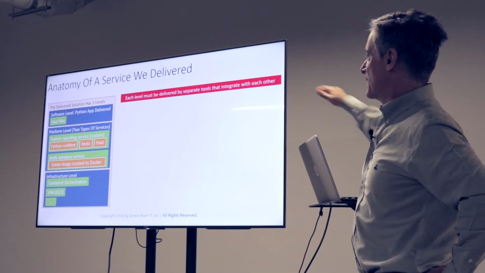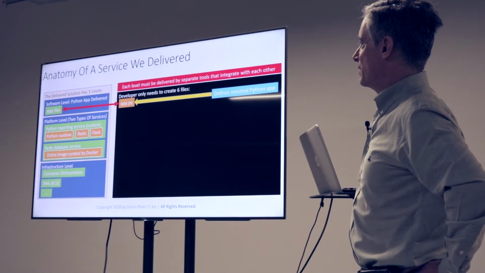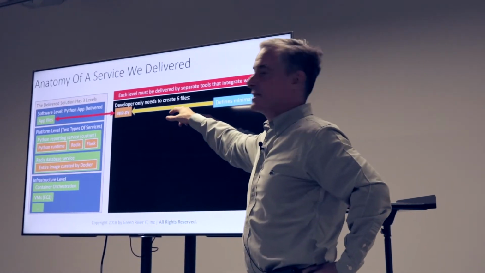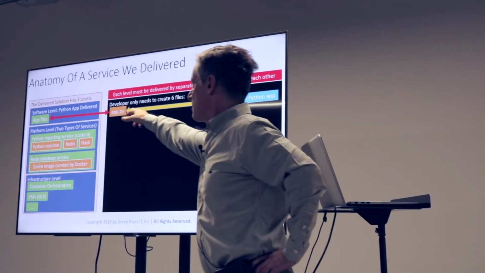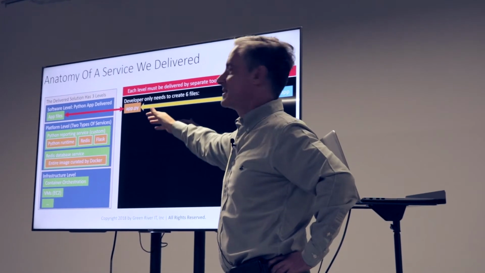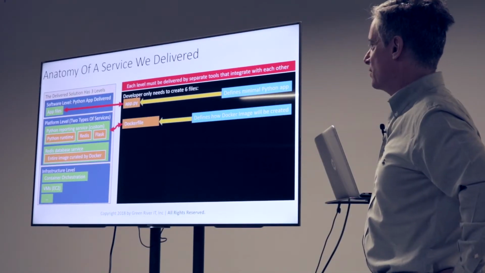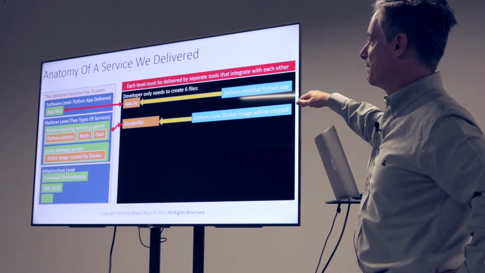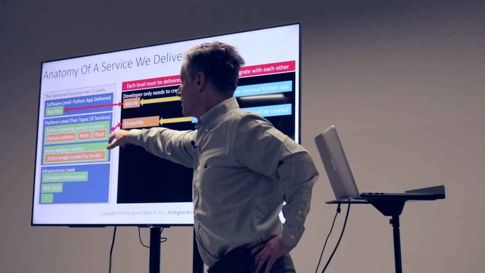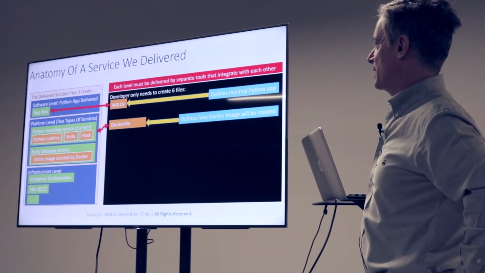And each one of these levels was integrated by tools. So the developer, in order to implement this, really only needed to create 6 files. Our application goes into one place. If your application is very complicated, then you've got 1,000 files here. But for our purposes, you've got a minimal app in code, but then you've got a Dockerfile, and the Dockerfile is going to define what your platform is: what runtimes are going to be included.